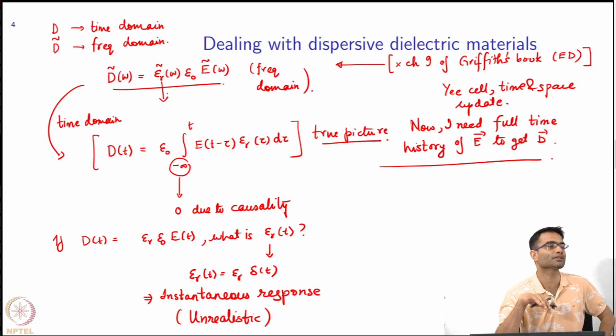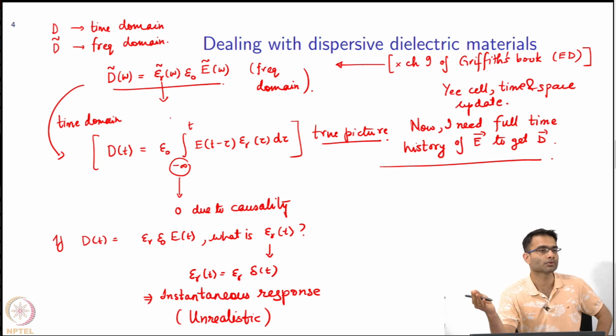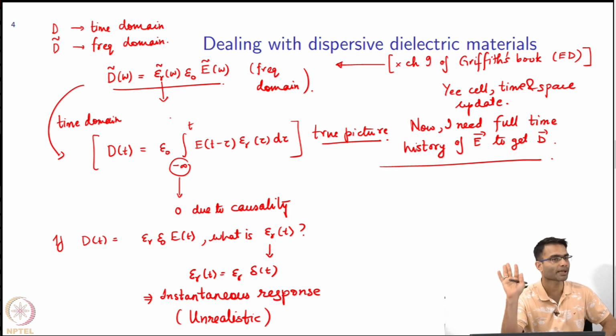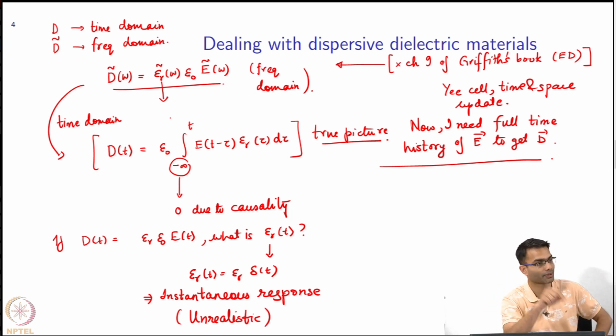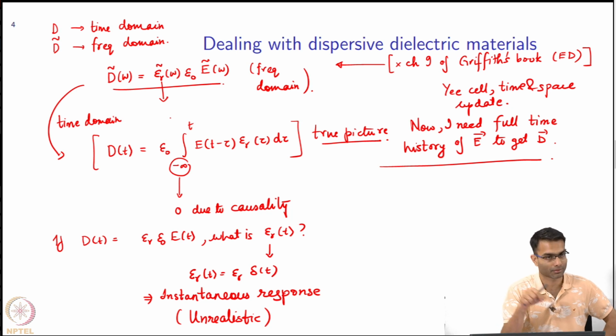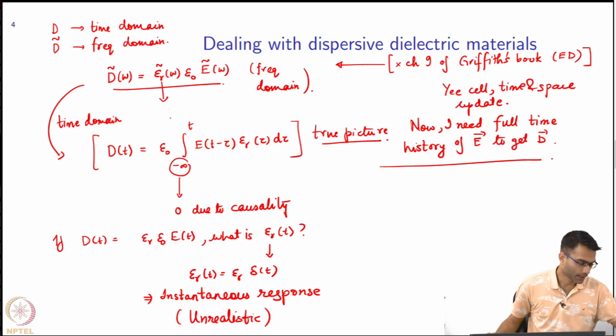So our objective is to model a dispersive material realistically, at the same time not have to store the entire field history. If we can achieve these, then I can apply FDTD to dispersive materials. The entire field of things like plasmonics, which critically depends on the frequency dependence of permittivity, needs us to be able to model this.